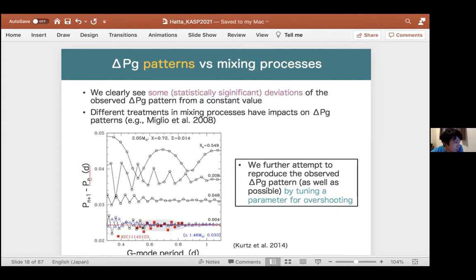So these deviations from the mean value are statistically significant. It is known that different treatments of mixing processes in the stellar evolution calculation have impacts on delta PG patterns. So we further attempt to reproduce this observed pattern as well as possible by tuning a parameter, especially for overshooting.